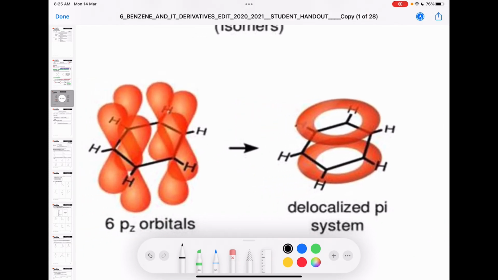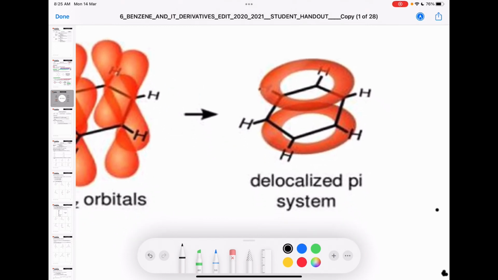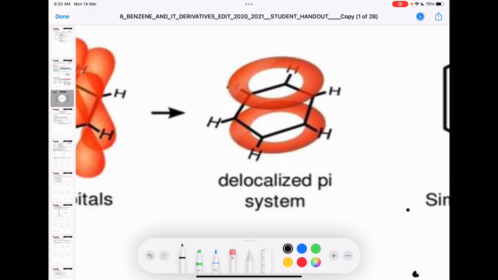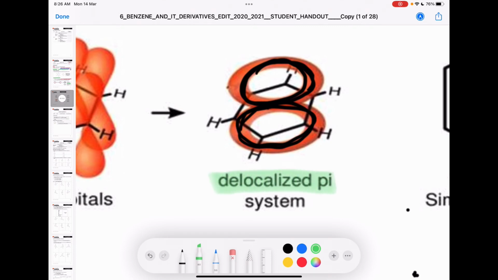So bila dia berdekat-dekat, dia membentuk macam satu jalan raya lah, Madam panggil. But in this topic we said it is a delocalized pi system. So 6 elektron tu dia jalan dekat sini lah. Dia jalan. Okay, not here only. Kadang-kadang dia di bawah ni lah.